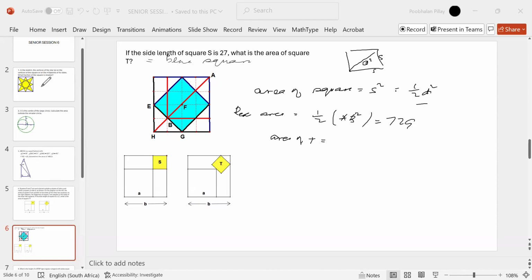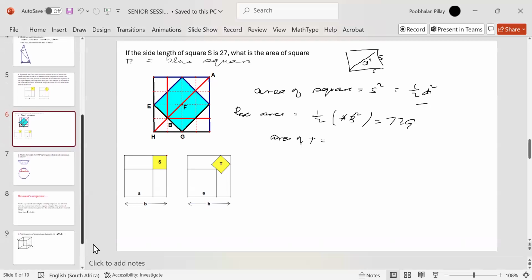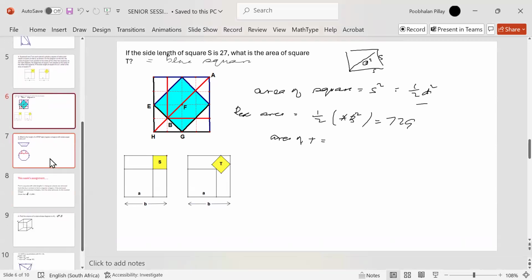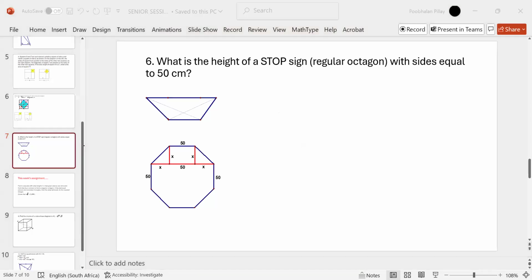Let's get on to the next problem. The next problem is this one here. It's the last problem we're going to do. And you've got a stop sign. This thing here is a stop sign.